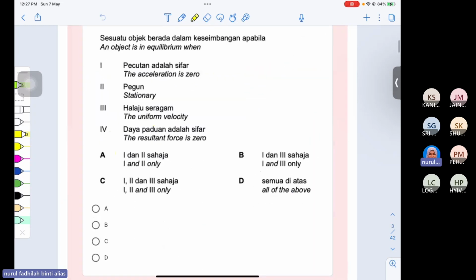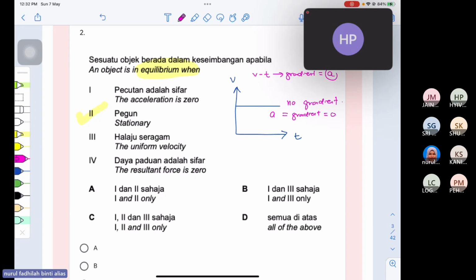Now, an object is in equilibrium when? Which one is correct? Number 2, tadi kita tadi kan? Okay, mesti in stationary. Jadi mana-mana jawapan yang tak ada number 2 salah. Mana jawapan yang tak ada number 2? B. So B cannot be the answer. Okay, so now number 3. It is at uniform velocity.